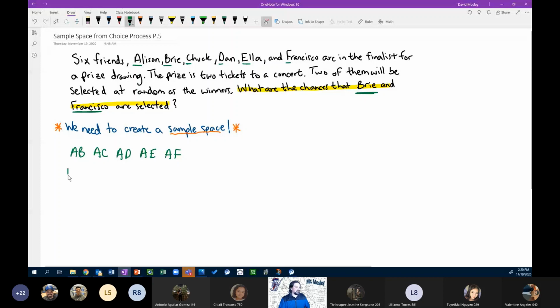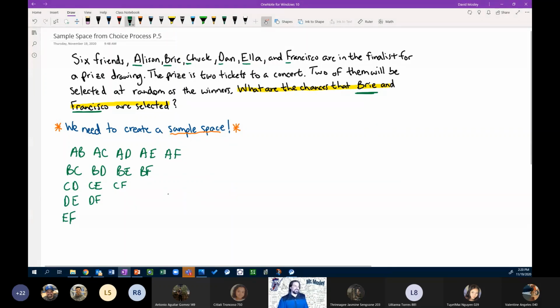Then we move on to start with the letter B. We can have BC, BD, BE, or BF. Move on to letter C. We can have CD, CE, or CF, D, DE, or DF, and lastly, we have EF, and after that, we have no more options. F has already been paired with everything.